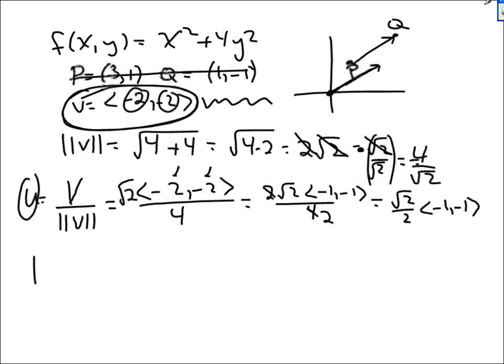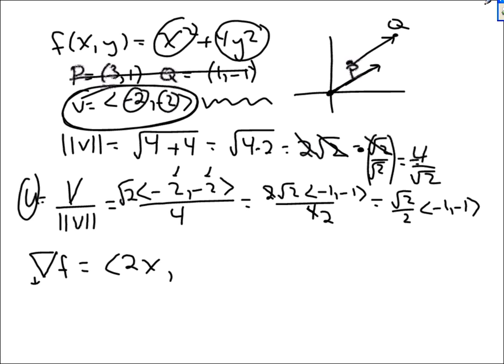Okay, so now the directional derivative of f of x, y in the direction of v is, first we have to find out the gradient. So the gradient of f is the partial of this with respect to x is 2x plus the partial of that is 0.